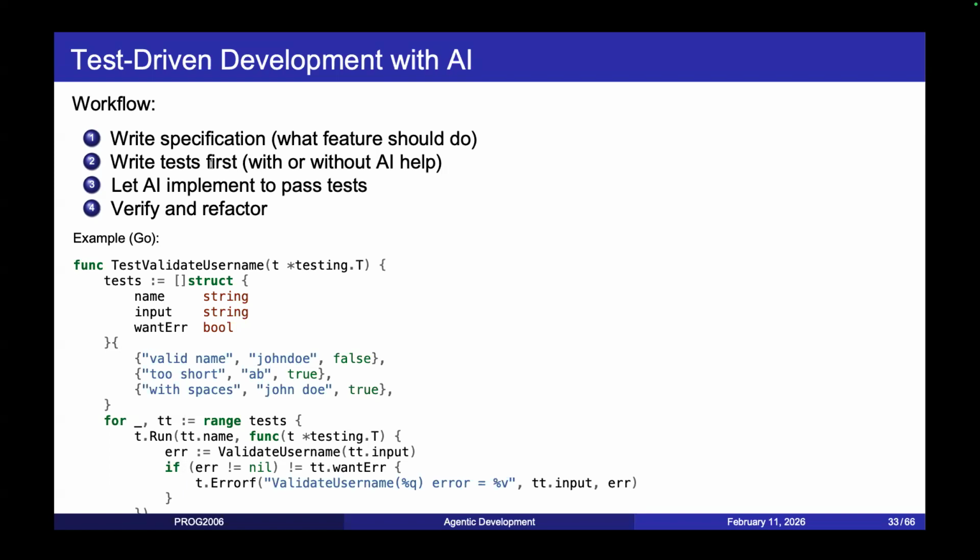So if you have a specification and now you say, write me tests for this specification, but the implementation is not ready yet, it will have to write tests following the specification, and then it will have to write code following the specification, which pass the tests, right? So it's more logical. And then let the AI implement the code to pass the tests, and then you verify that everything is correct.